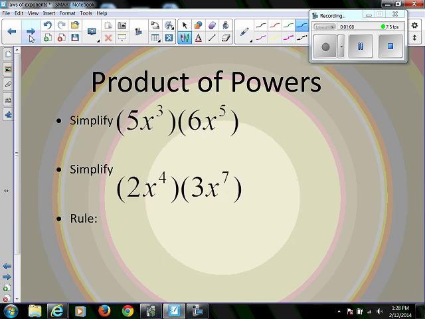Now let's look at another one. Here, what's the difference? We have coefficients. Our rule still stays the same with my exponents, and I multiply my coefficients. 30. 3 plus 5 is 8.